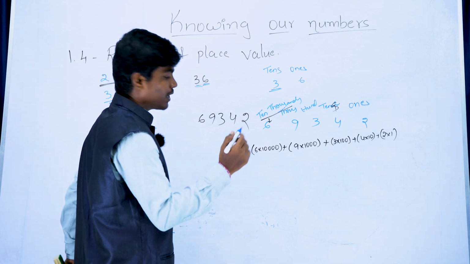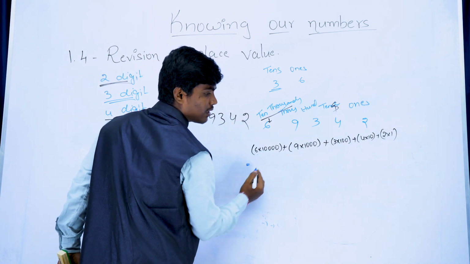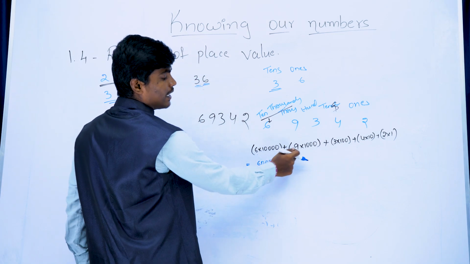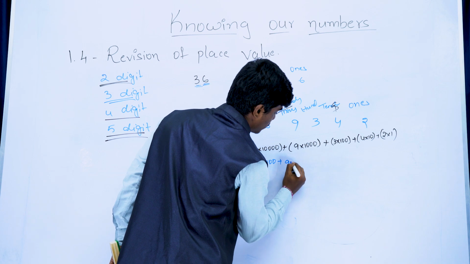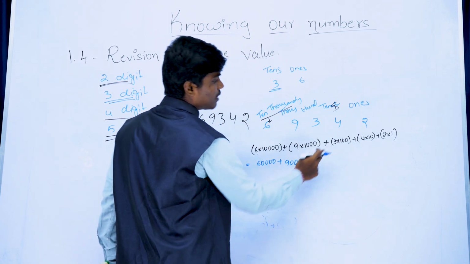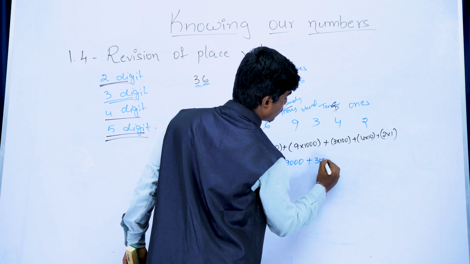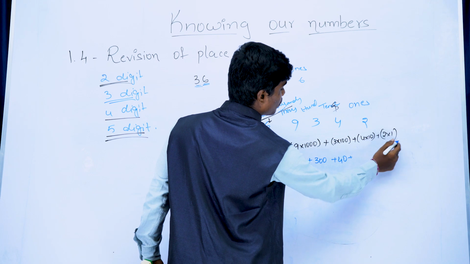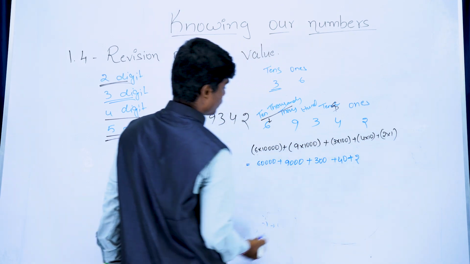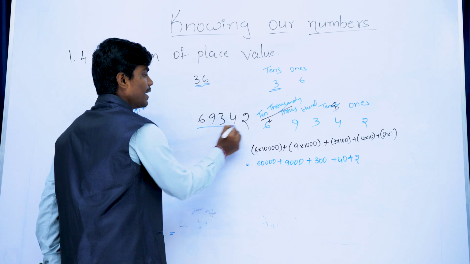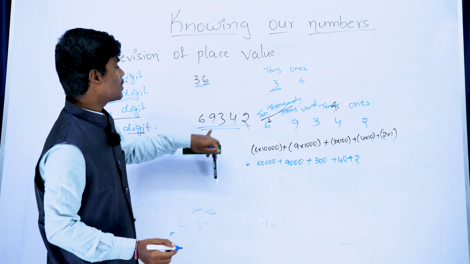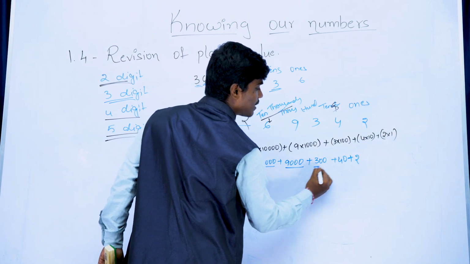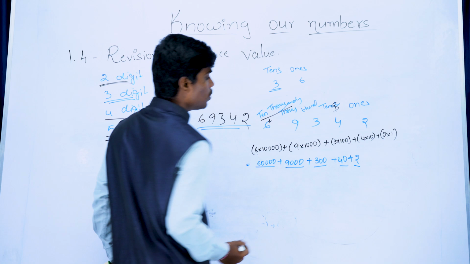On simplification, 6 into 10,000 is 60,000, 9 into 1000 is 9,000, 3 into 100 is 300, 4 into 10 is 40, 2 into 1 is 2. The expanded form of 69,342 is 60,000 plus 9,000 plus 300 plus 40 plus 2.